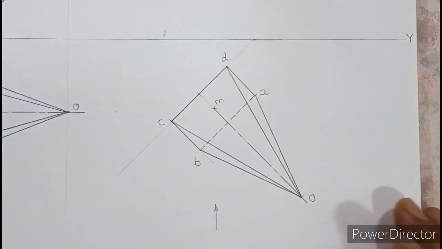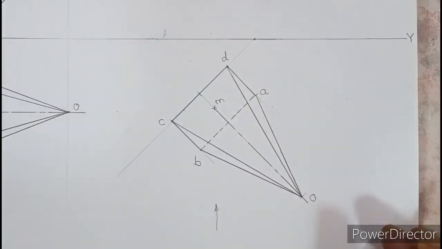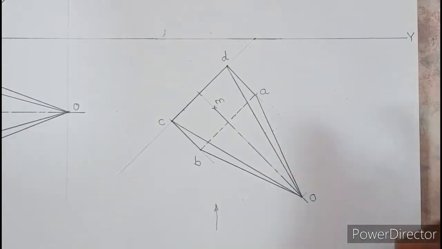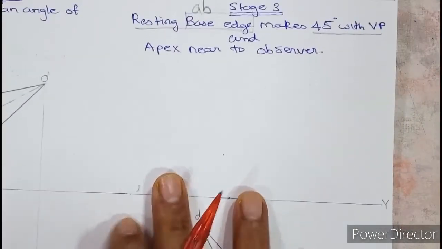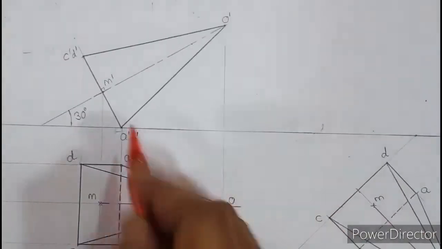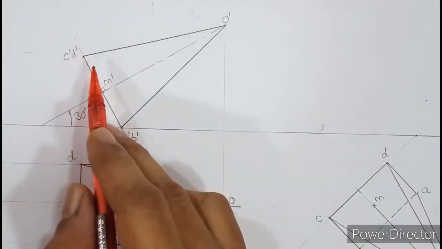Okay, now further, as we have been learning right from day one, only show those dimensions which are given in the question. So I need to mention 45 degree here, but they have clearly said in the question that resting base edge makes 45 degree. So it is clear from diagram number 3 that AB is the resting edge and not CD. CD is in air.